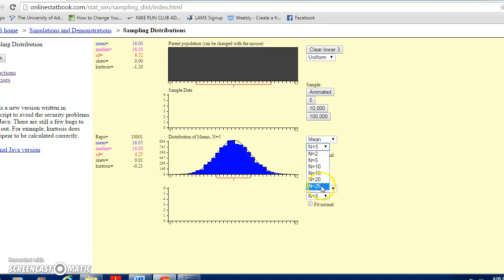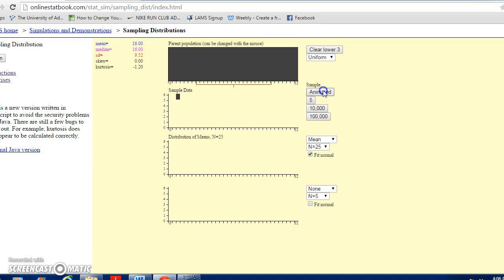We could also try it when our sample size is 25, so taking 25 different measurements and then finding the mean from that, and then repeat that 10,000 times. It's interesting to note that we get something that's approximately normally distributed.